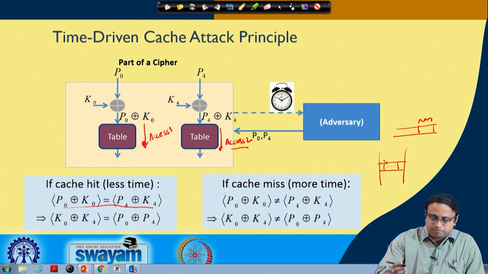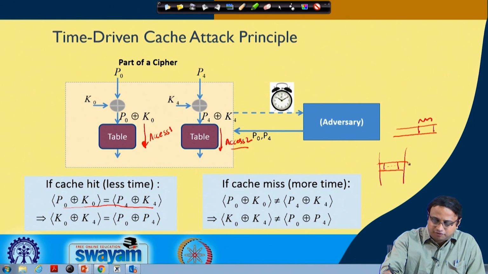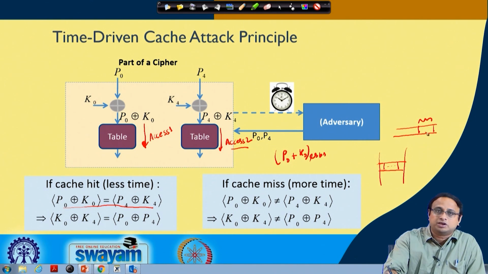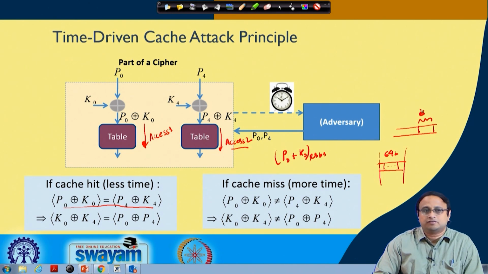What can probably happen in that case is that when I find that there is a cache hit, I can tell that the XOR of P0 and K0, if I take the LSB, for example, or a few LSBs depending upon how many, for example if there are 64 bytes, then 6 bits may be used to index that.